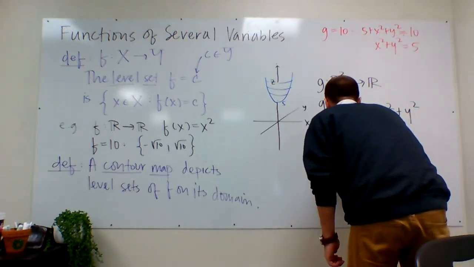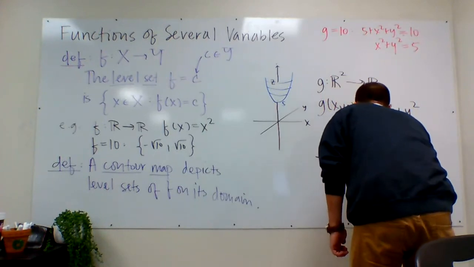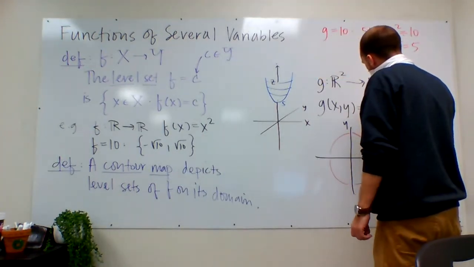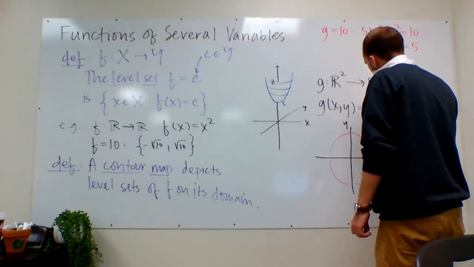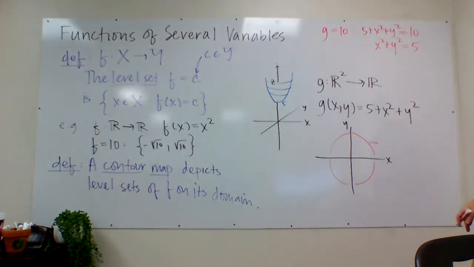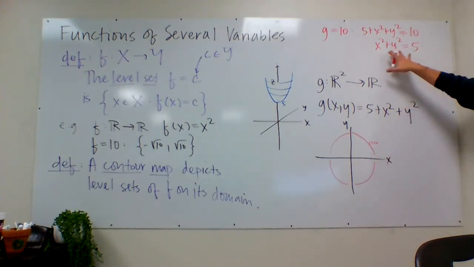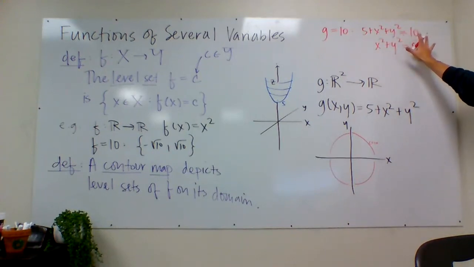And this is C equals 10. For different values of C, we'll have different sizes of circle, but they will always be centered around the origin because this calculation is going to go the same way.